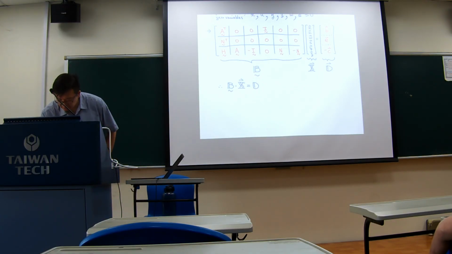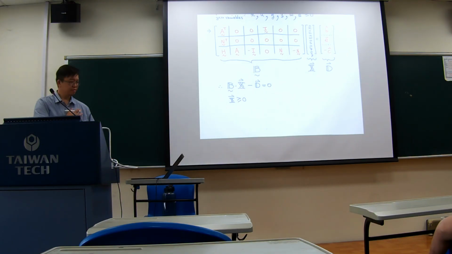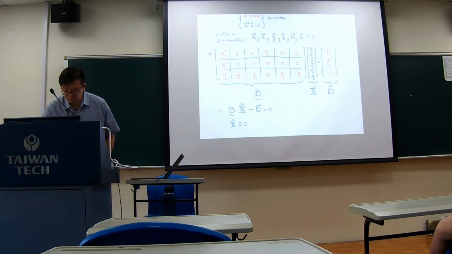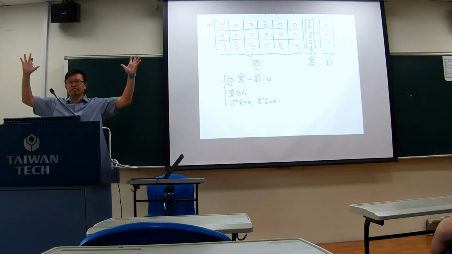Or you can write it in this way. Okay? And remember, all the X now will be positive or zero. And there are additional nonlinear terms: w times x equals zero and u times s equals zero. So all the KKT conditions end up with everything like this.